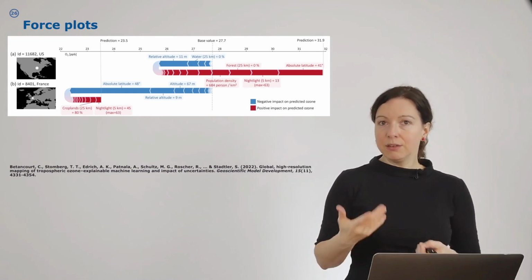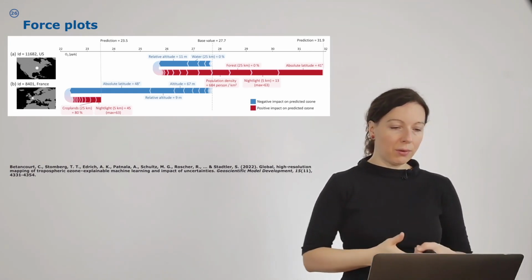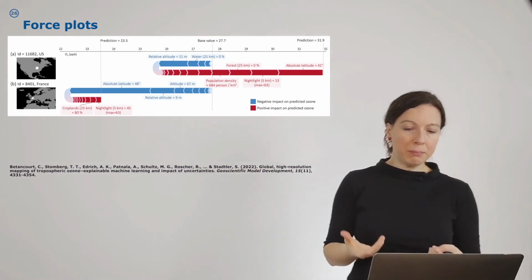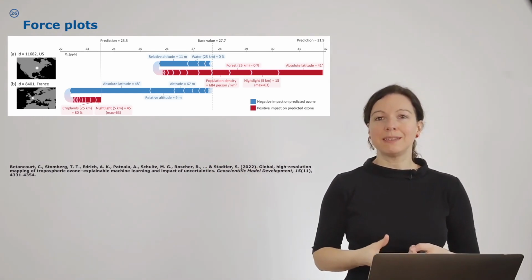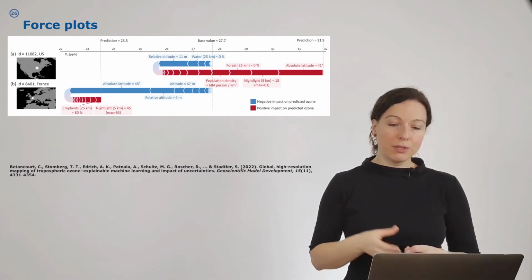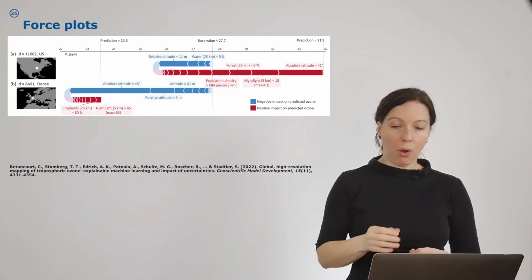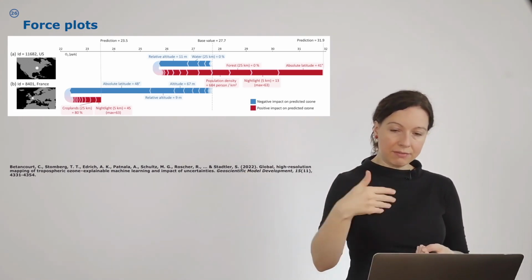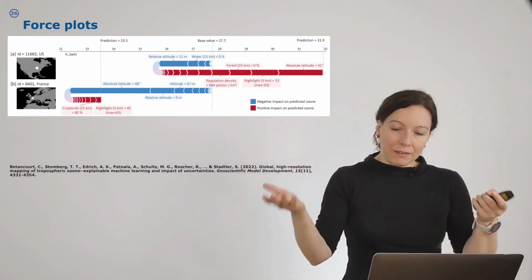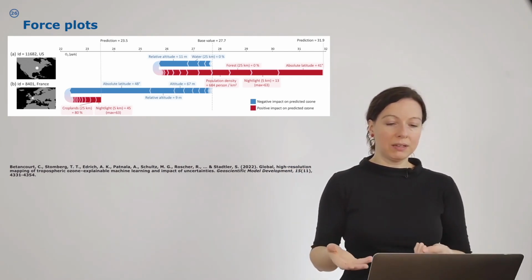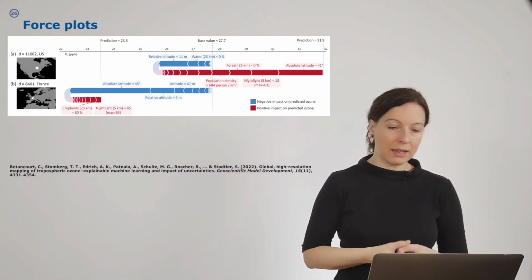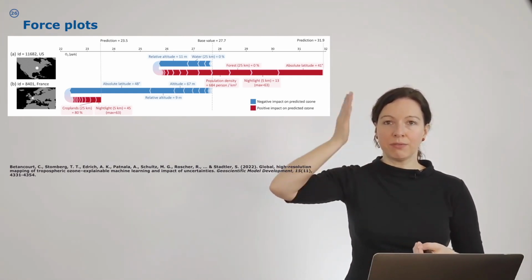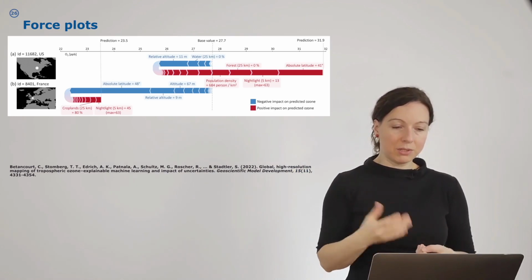What you can see in the force plots is, first of all, in the middle, a base value of 27.7 ppb, which is the average prediction over the whole training data set. So when you have a lot of predictions, you average them, and then a feature can increase or decrease the predicted ozone, and this is illustrated in red and blue arrows. But as I said before, you have this reference, which is the base value.